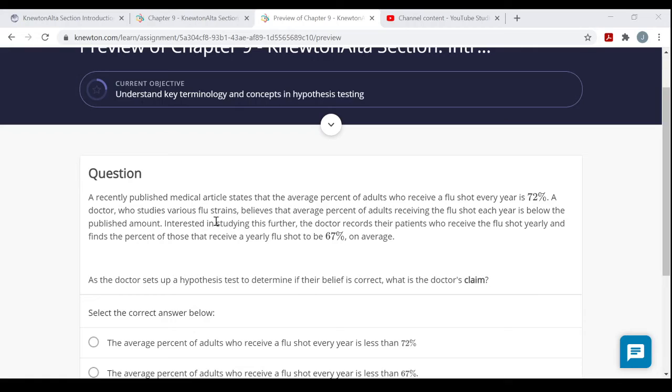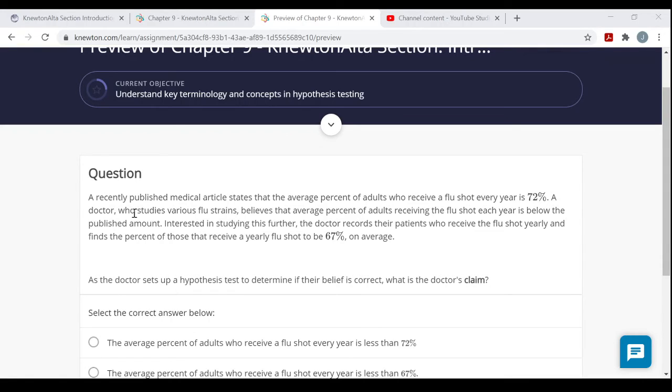All right, so I'm going to read through this. A recently published medical article states that the average percent of adults who receive a flu shot every year is 72%. So this is for the population of adults: the average percentage of adults who receive a flu shot every year is 72%.